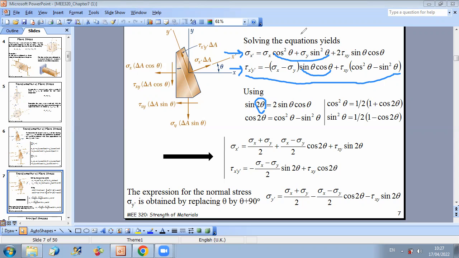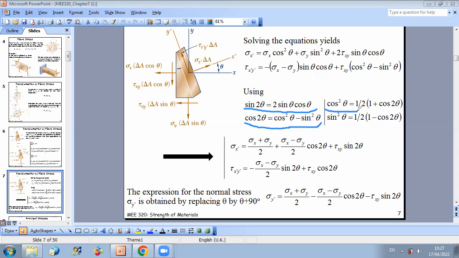The trigonometrical relations are sine 2 theta equals 2 sine theta cosine theta, cosine 2 theta equals cosine square theta minus sine square theta, cosine square theta equals 1 over 2 times 1 plus cosine 2 theta, and sine square theta is equal to 1 over 2 times 1 minus cosine 2 theta.